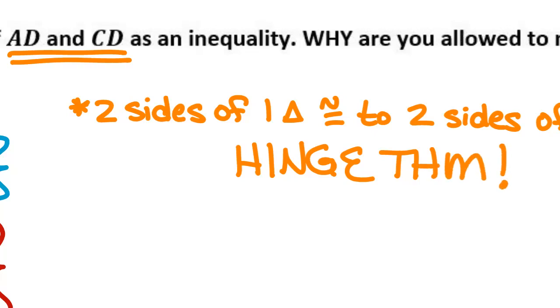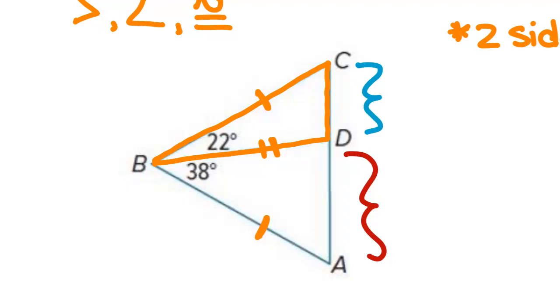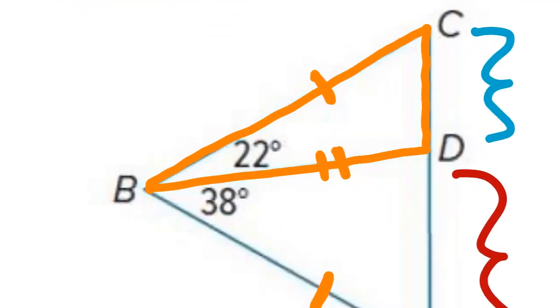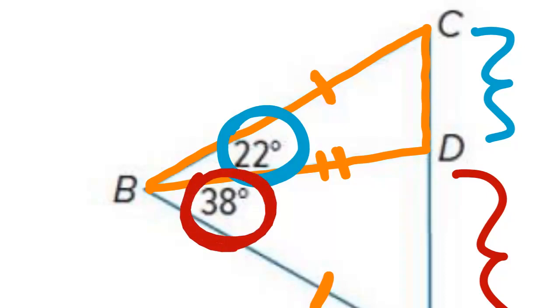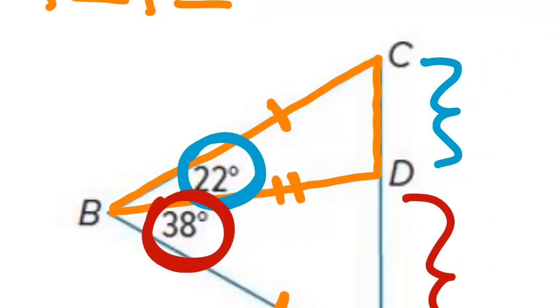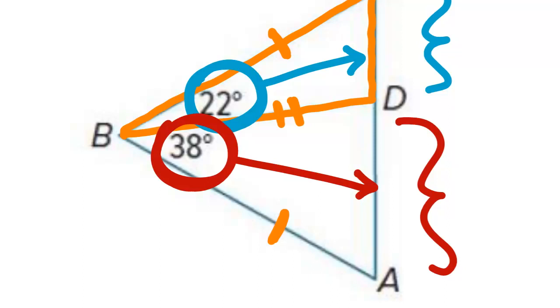This is what allows me to make comparisons between those sides. So the hinge theorem says to look at the angle in between the sides that are marked as congruent. So like this 22-degree angle right here, and this 38-degree angle right here. I can compare those, and that will give me information about the sides that are across from them.